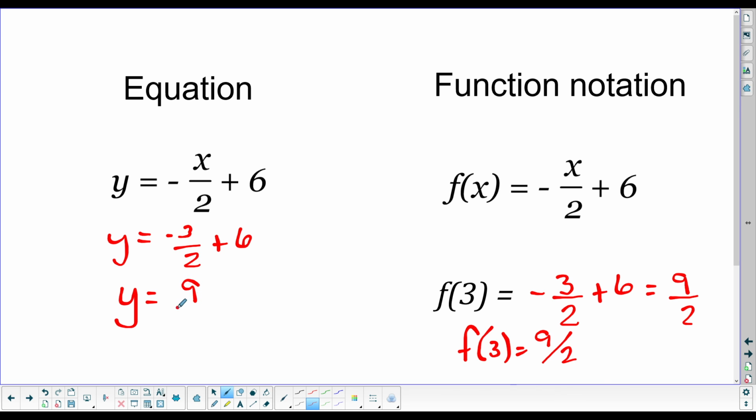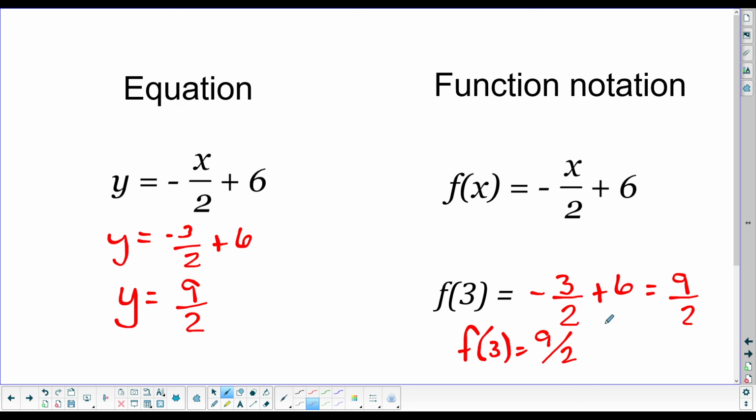Now, the advantage of using function notation is that when I say y is equal to 9 halves, if I just have that piece of information, I don't know what x value goes with it. I don't know what value I plugged in to get 9 halves. If I had my work here, I could look back and see. But if I just said, here's an equation and I know that y is equal to 9 halves, I don't know what the x value is.